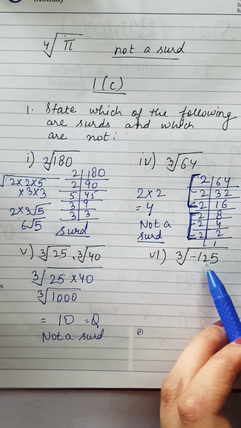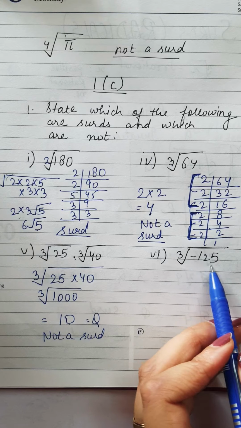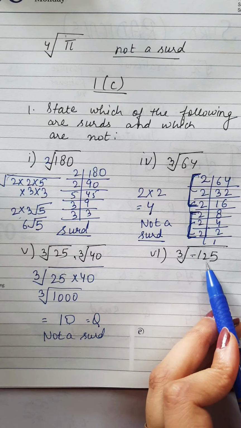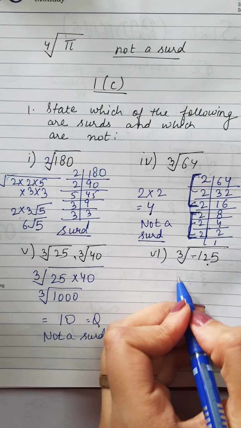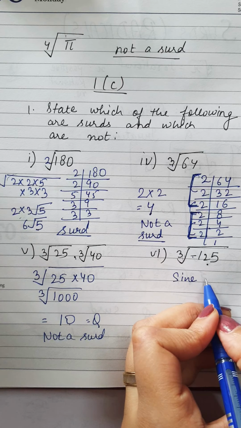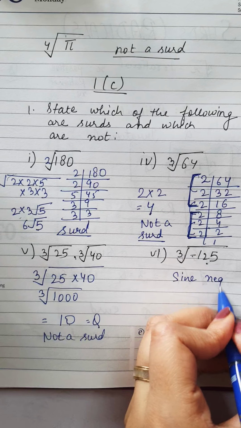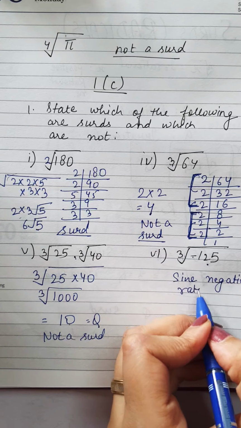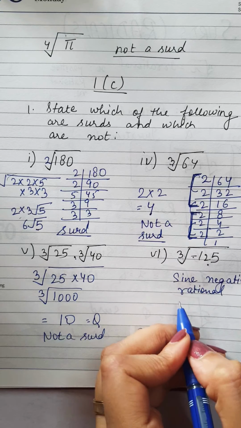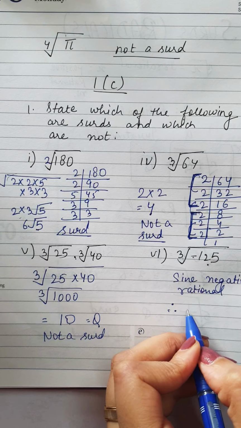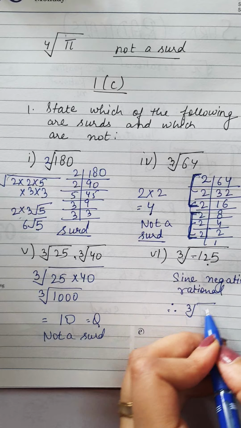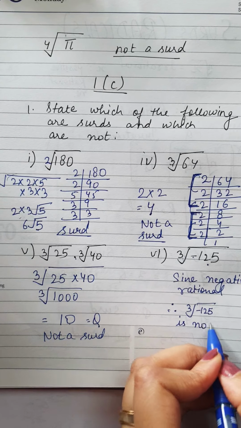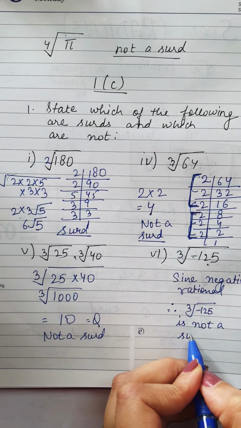Then this, we need not solve anything because the very first condition is failing. It is a negative rational. So since it is a negative rational, this is not a surd.